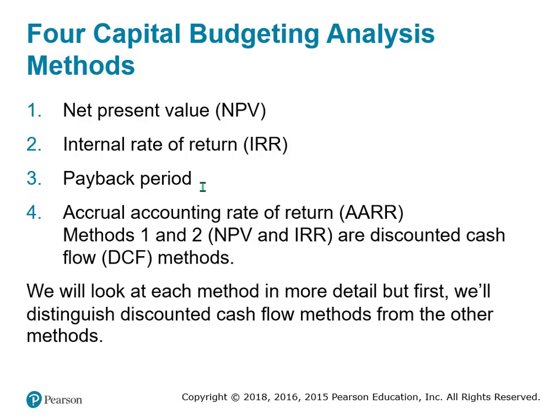If you've got a project that costs $150,000 and it returns $50,000 a year, it's going to pay for itself in 3 years. It's short and easy. You don't even need a calculator. And you can compare it quickly to other projects.